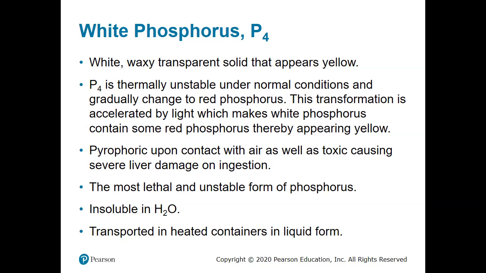This transformation can actually be catalyzed by light, and that is why white phosphorus will often appear kind of yellowish instead of a pure white color. Because of its lack of stability, if it is exposed to air, it is pyrophoric, spontaneously combustible, and often in a very violent and potentially explosive way.